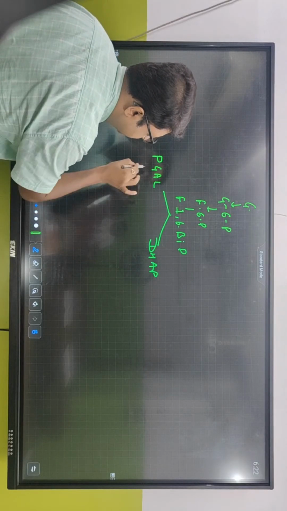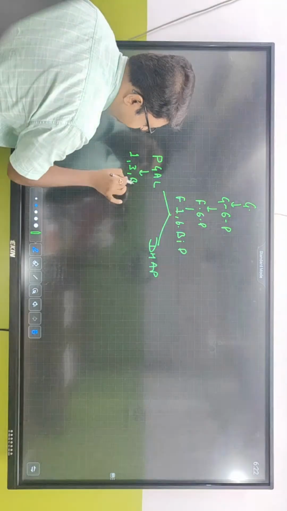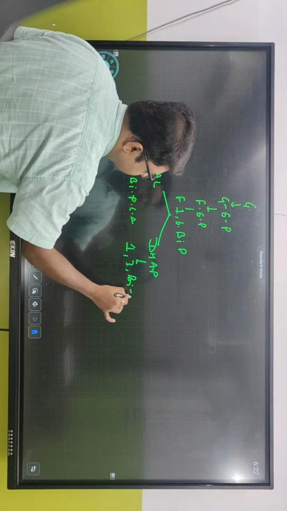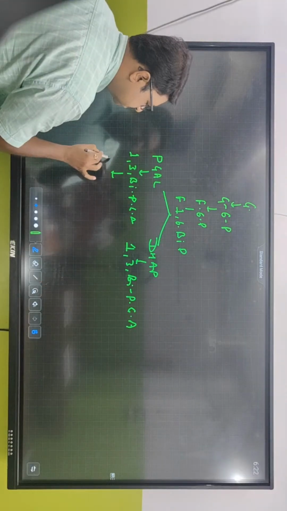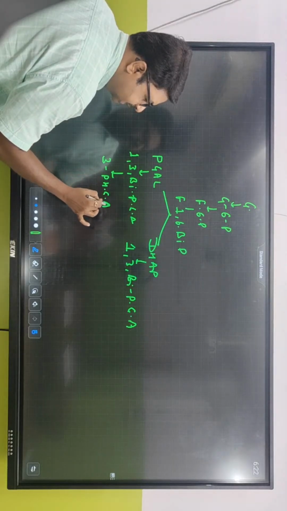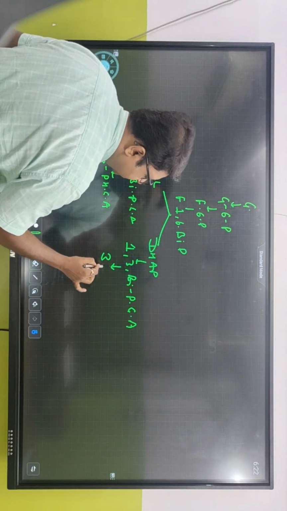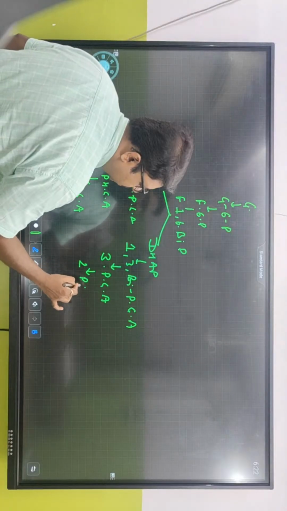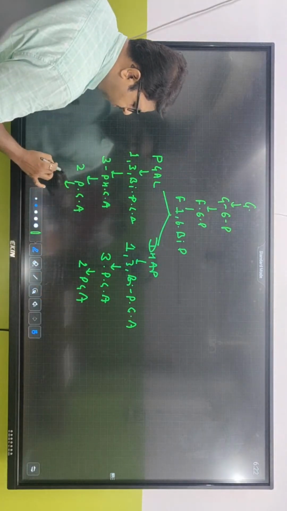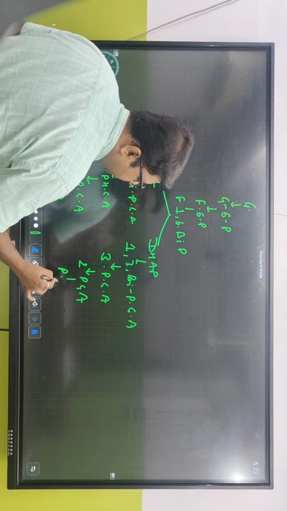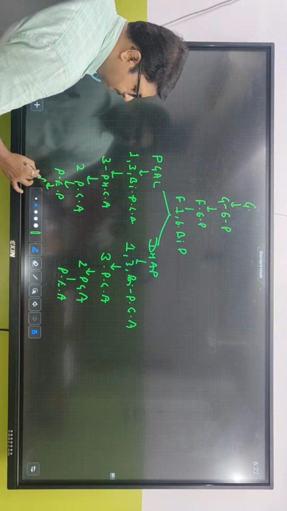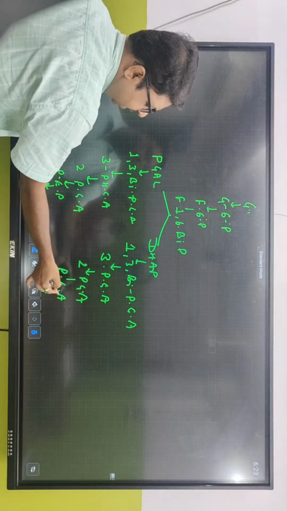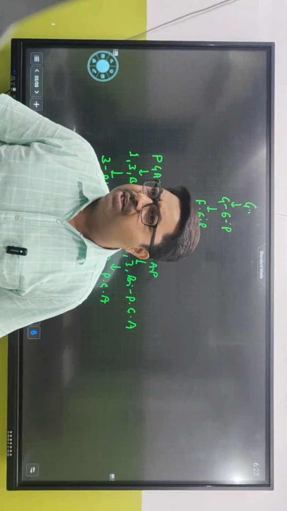DHAP। এখান থেকে কি হলো? 1,3 bisphosphoglyceric acid। এখান থেকে সেম 1,3 bisphosphoglyceric acid, and then 3-phosphoglyceric acid, then 2-phosphoglyceric acid, then phosphoenol pyruvate বা phosphoenol pyruvic acid, and the last one pyruvic acid। কটা স্টেপ? 1, 2, 3, 4, 5, 6, 7, 8, 9, 10, 10-step process.